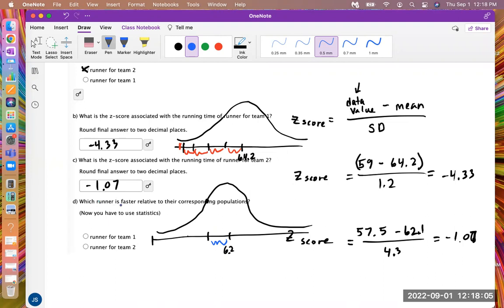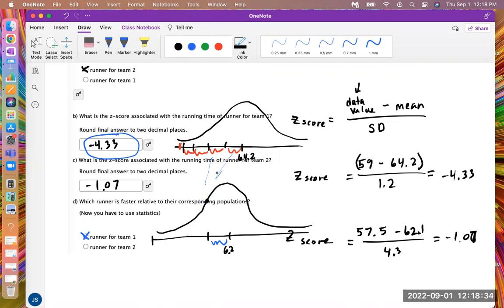So which runner is faster relative to their corresponding populations? Well, it's from team 1. And that's because you just look at the z-score in absolute value, so I'm ignoring the negative. Whichever one has the larger z-score is the more extreme one.